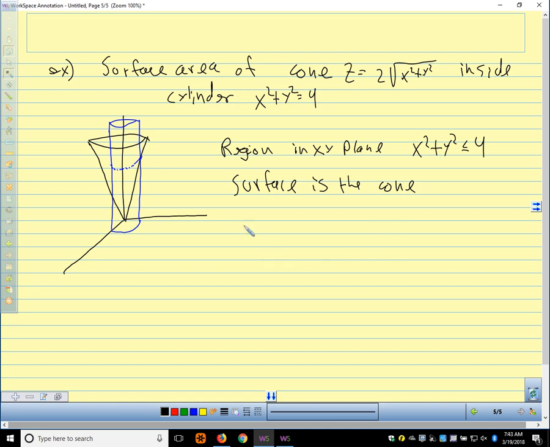All right, so partial with respect to x is 2x times x squared plus y squared to the minus 1/2. And f sub y is 2y times x squared plus y squared to the minus 1/2.